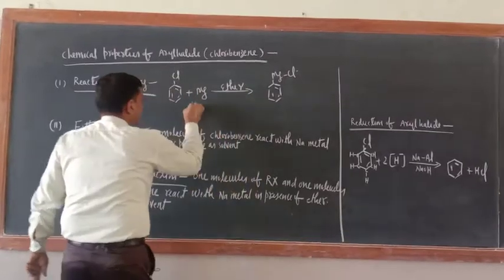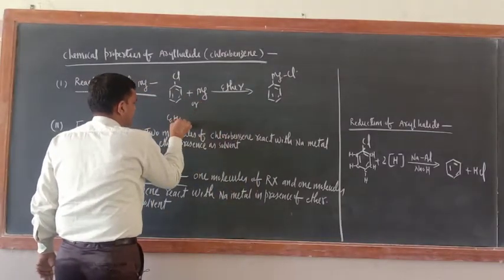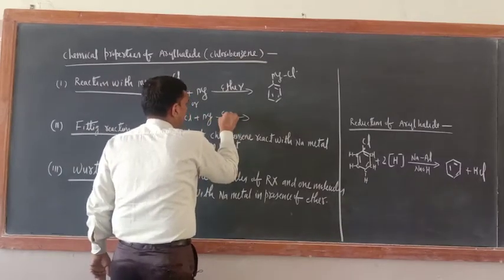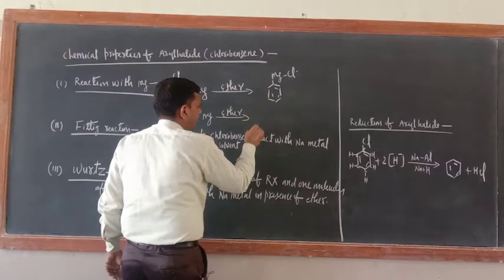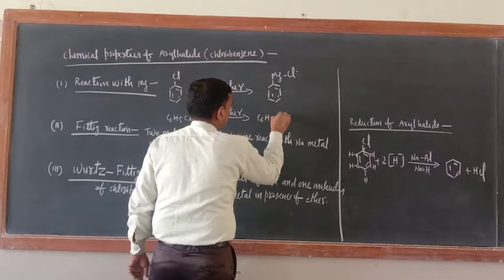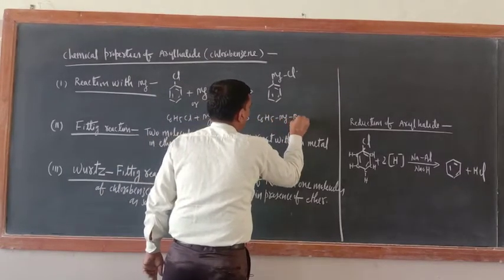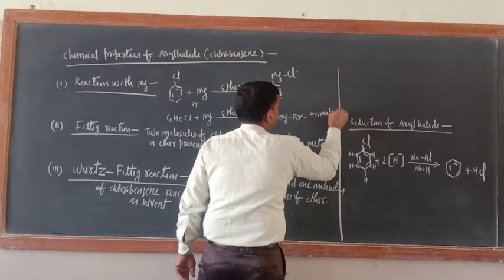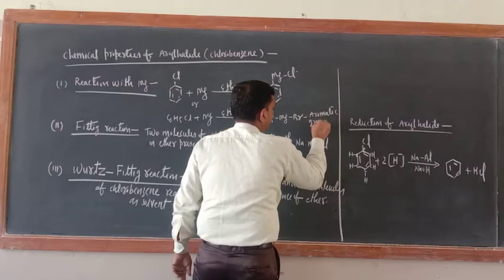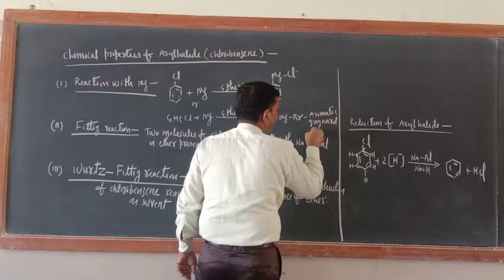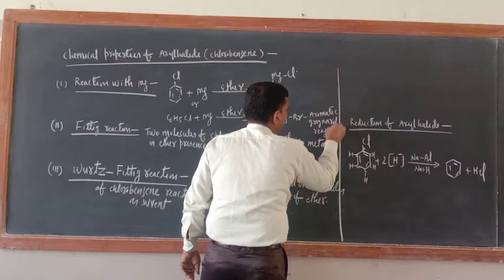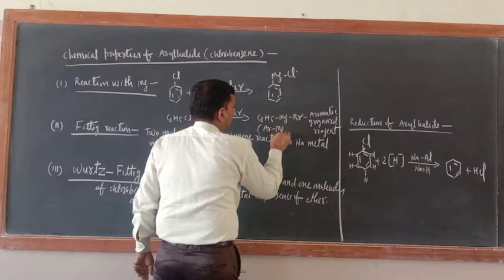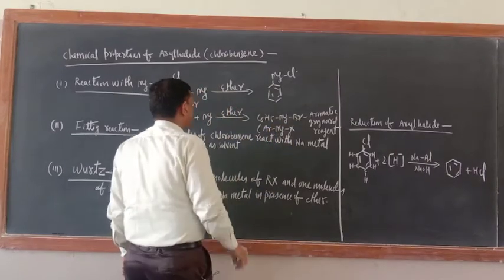You can write the same reaction in this way also: C6H5Cl plus Mg in ether. Here the product is C6H5MgCl. What is this? Aromatic Grignard reagent. This can be written as ArMgX.